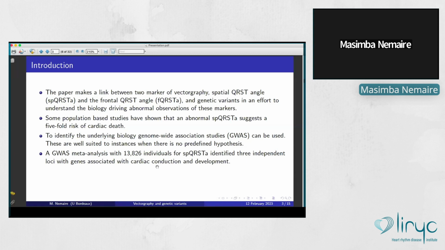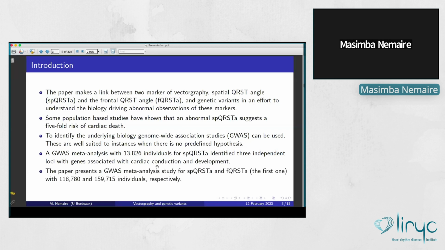But this study was small, so these authors thought they could do better, and they took about 10 times more people to do the genome-wide association study. It was a meta-analysis for the spatial QRST angle, and then had about 150 individuals for the frontal QRST angle.